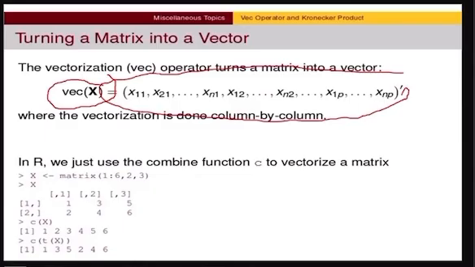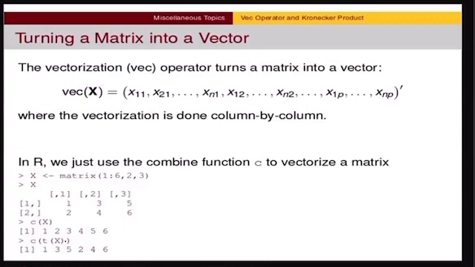Okay, that's what I have. If you want to try, make sure you always try my R code, because you can't do multivariate analysis without using the software. Okay, so if you take a look at this now, this particular R code explains how to vectorize a matrix. Okay, I have a matrix.